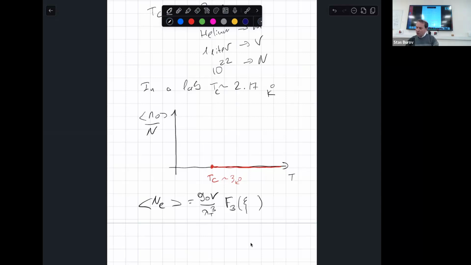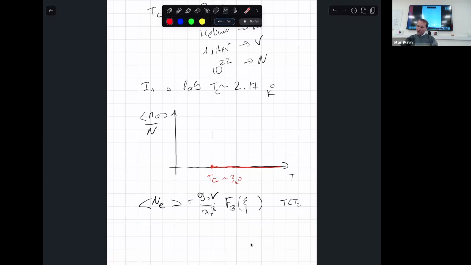But if we're looking for T below TC, we know that the fugacity cannot be larger than 1, okay? So the total number of excited particles, we still count all the levels except the ground state, okay? So this computation is correct for every particle that is sitting on where? That are sitting on all the excited states.